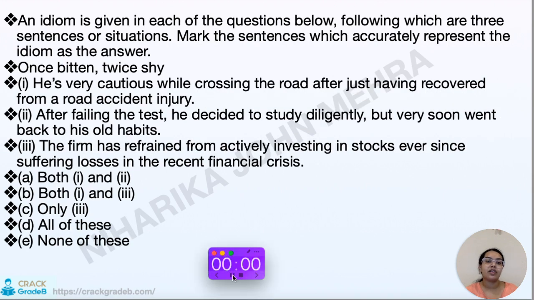This would be your last question. This one should be easy again. This is a famous one. Once bitten, twice shy.